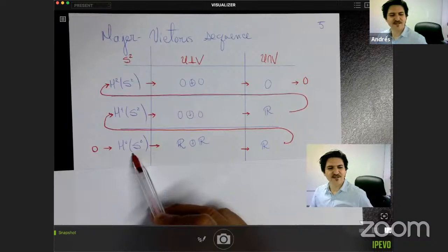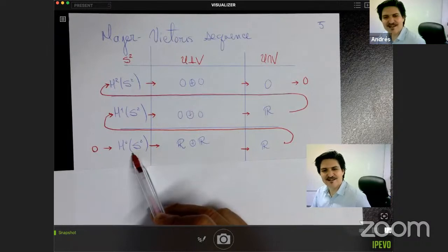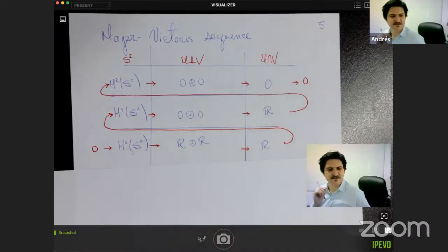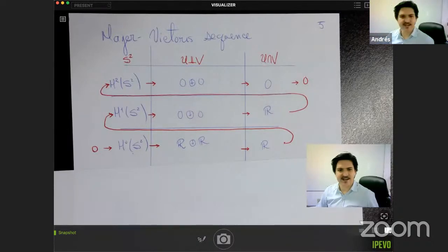We computed the cohomology in degree 0 for any manifold whatsoever. Even the most complicated example of a manifold that you can think of, we computed H0.